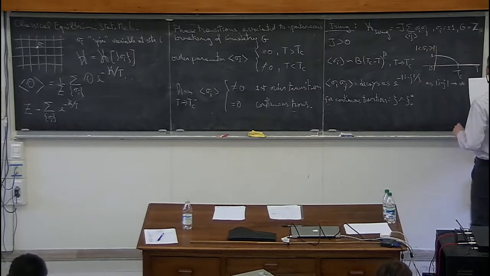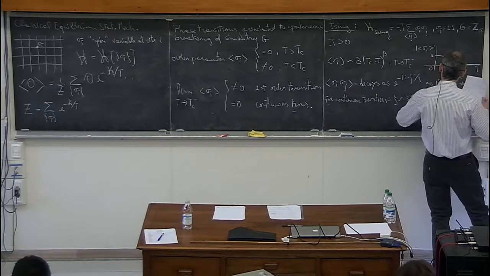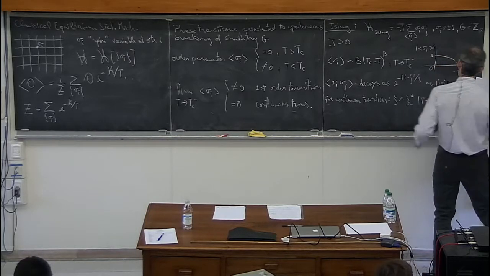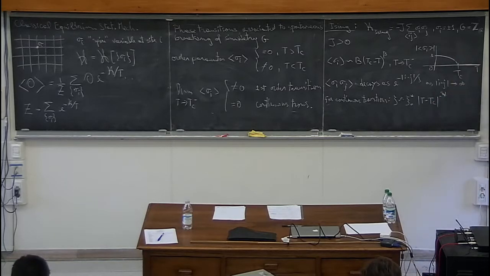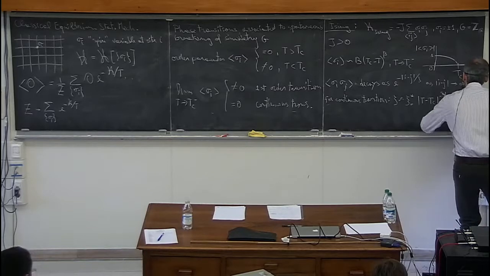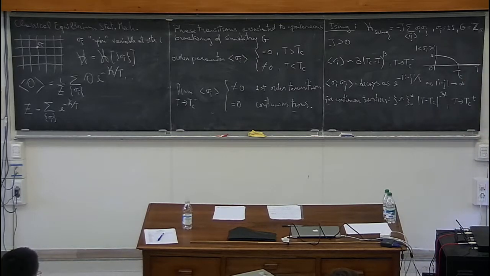You have some critical amplitude xi 0 and some critical exponent nu, as T goes to Tc. So the critical amplitude depends actually on whether you approach criticality from above or from below, but the critical exponent doesn't.